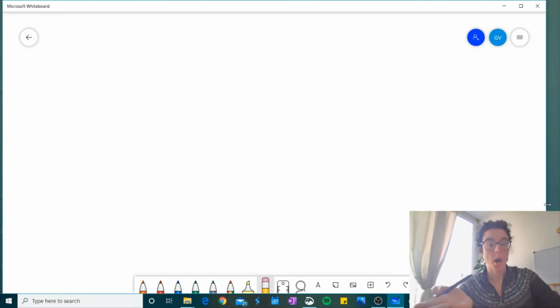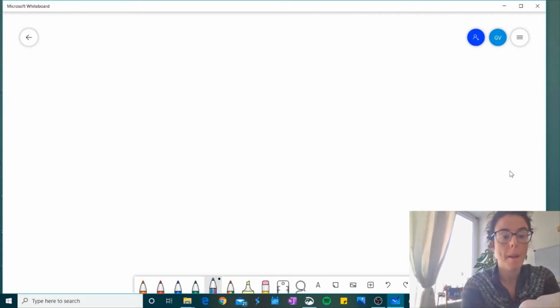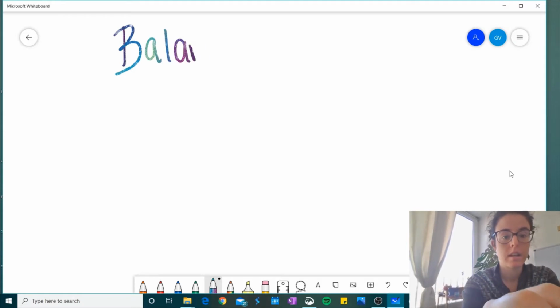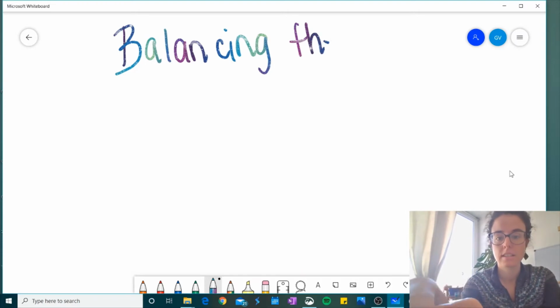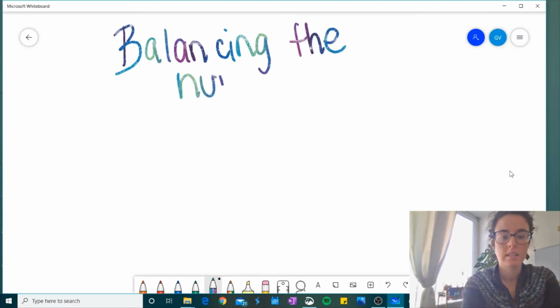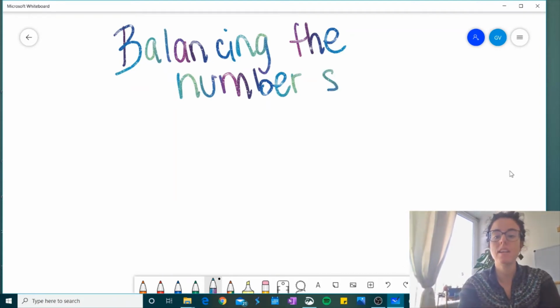We talked about shopping and we are practicing addition and subtraction. And so what we are going to work on now is called balancing the number sentence. Okay, so we are balancing the number sentence.